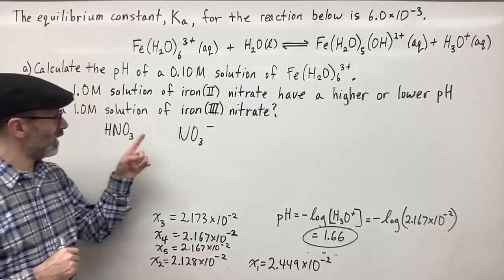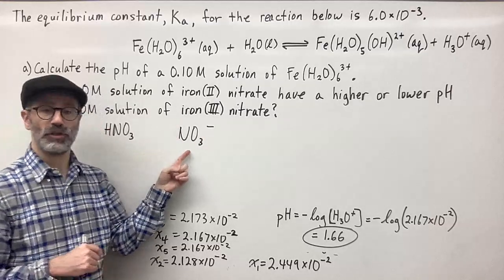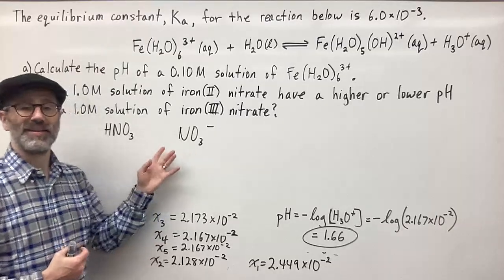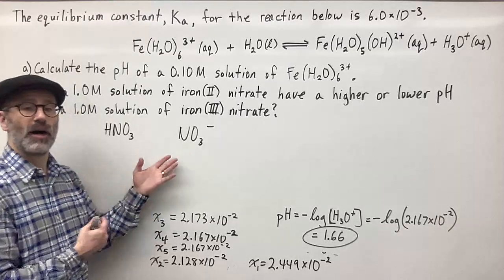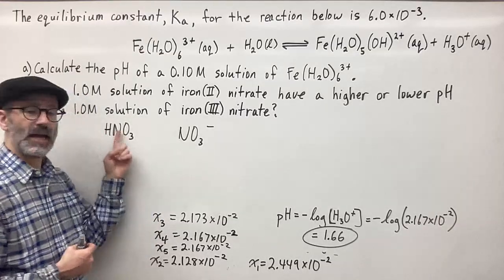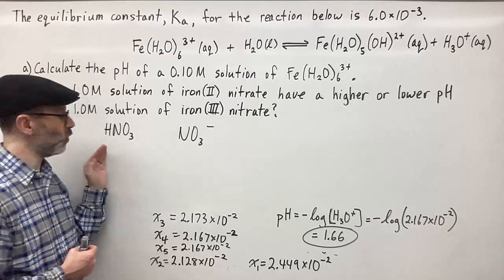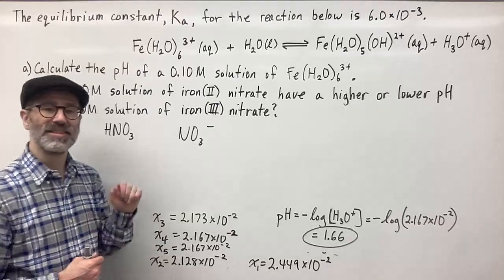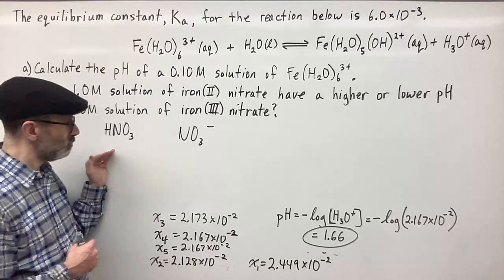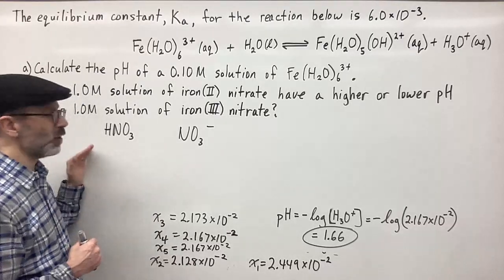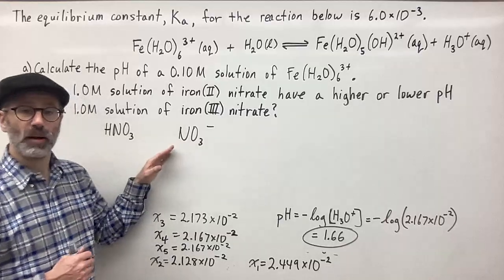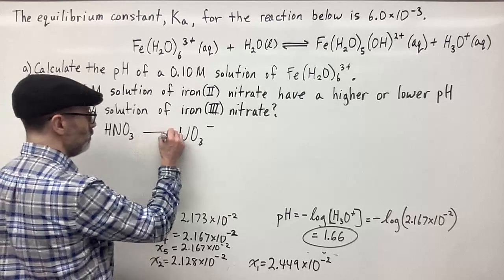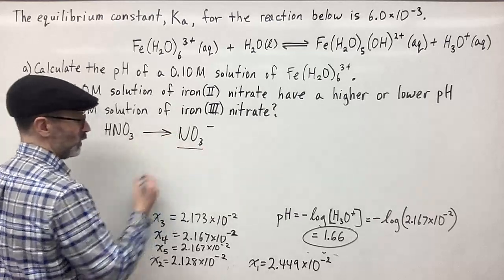So that means that this ion here, the conjugate base, is going to be so weak that it's not going to remake HNO3 here. So it's very heavily in favor of forming the products of hydronium ion and your nitrate ion.